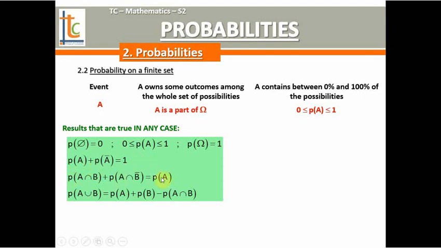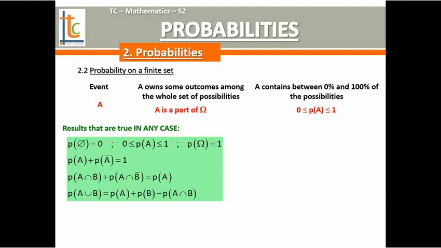The next formula is actually the same formula, but we're not working inside omega, we're working inside A. We saw earlier that A could be parted with a partition between A inter B and A inter B bar.